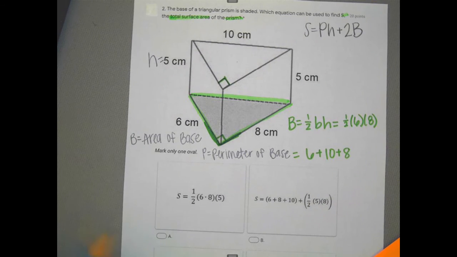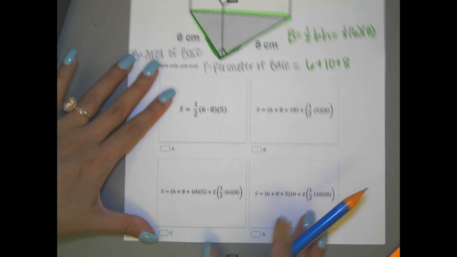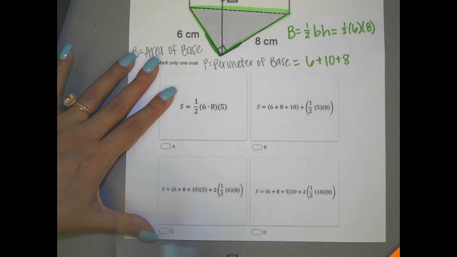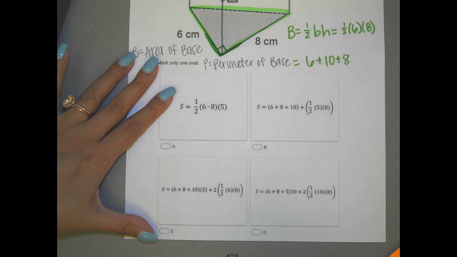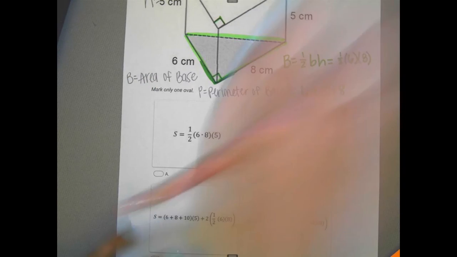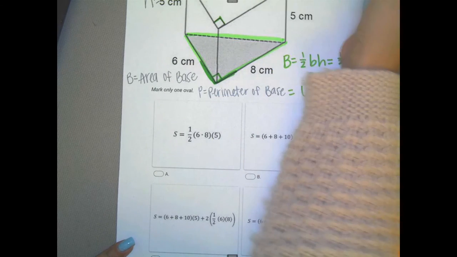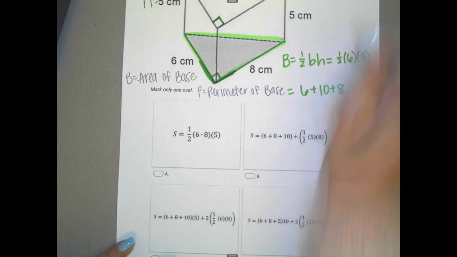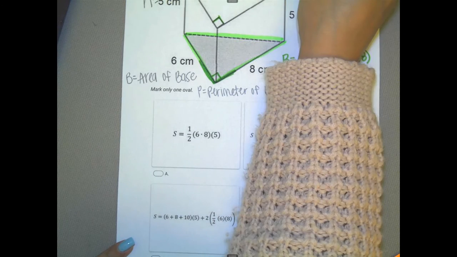All right, so when I look at my answer choices, it's all the numbers that I see in the problem. It does not actually type the perimeter in a calculator and get one number. So I'm going to plug into my formula by what I have. So S equals P, we said to get perimeter, we're going to do 6 plus 10 plus 8.